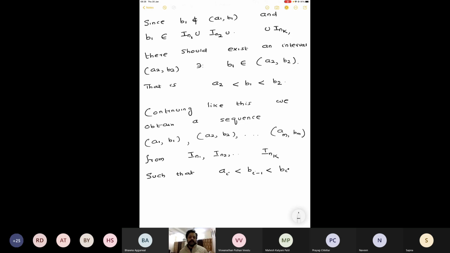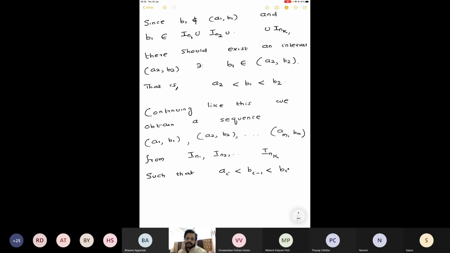Now, whether this process will terminate in a finite number of steps or not. Can you hear me? Does the question make sense? So I am getting (a1, b1), (a2, b2), and so on, (am, bm). Will this process terminate in a finite number of steps, or will I go on getting intervals?